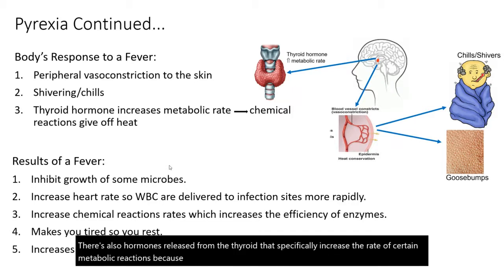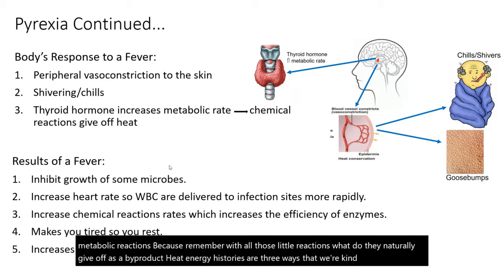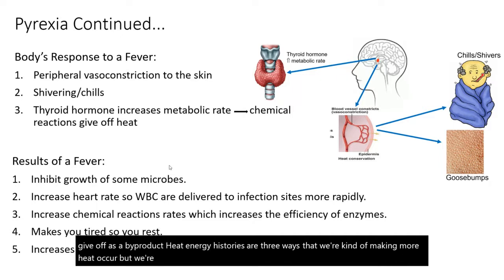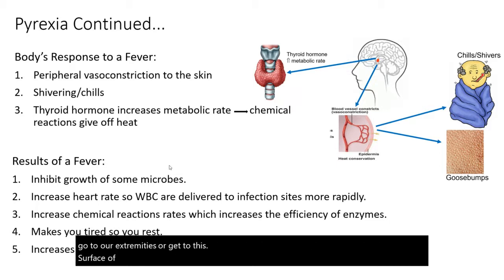Because remember, with all those little reactions, what do they naturally give off as a byproduct? Heat energy. Okay, so these are three ways that we're making more heat occur, but we're also keeping that heat trapped in the body. We're trying not to let it go to our extremities or get to the surface of the skin. So why do we want a fever?